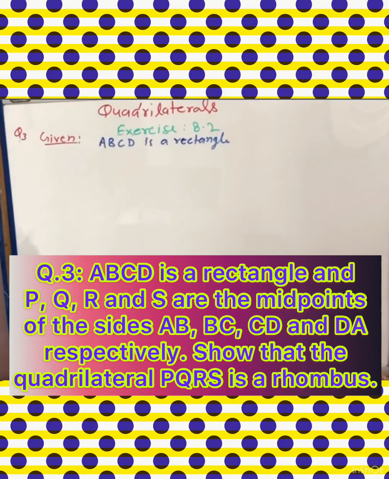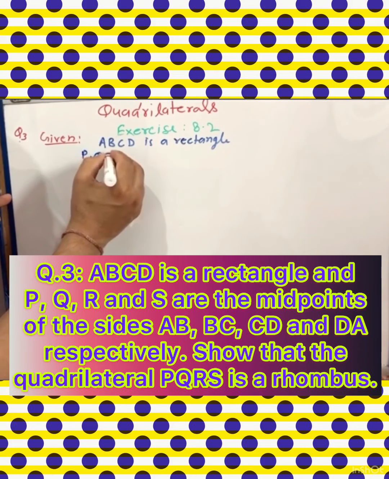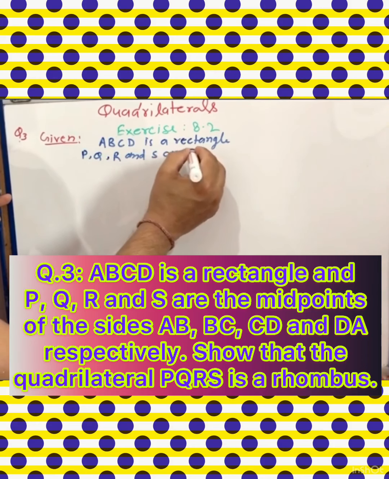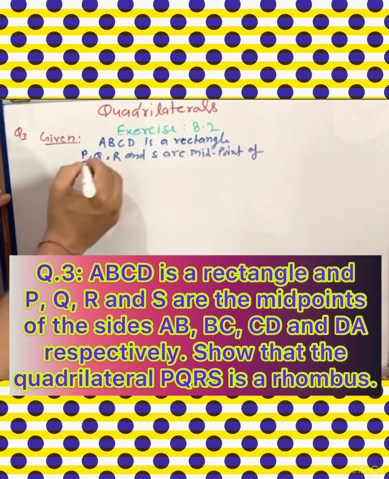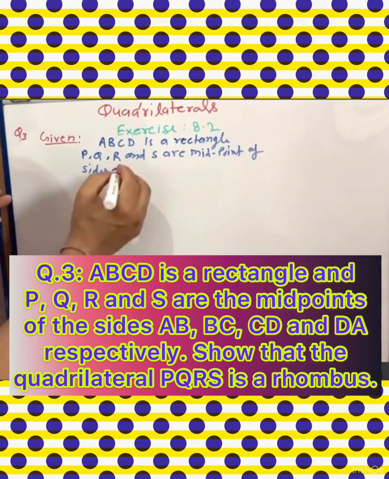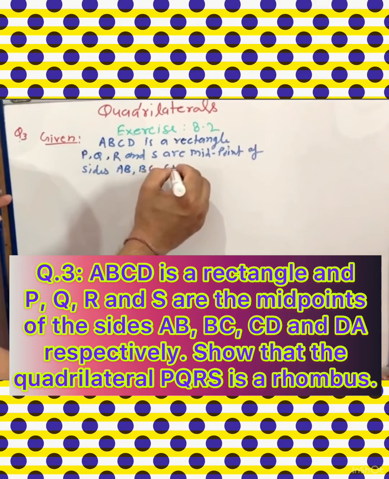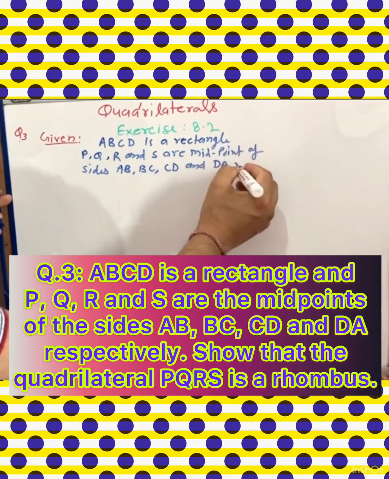After that, the most important thing is also given here. That is P, Q, R and S are midpoints of sides, that is AB, BC, CD and AD, you can write it as DA also, respectively.